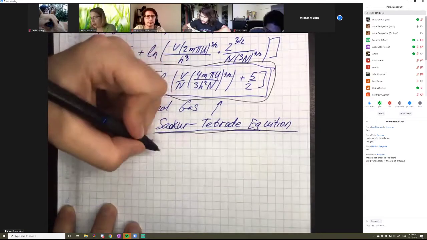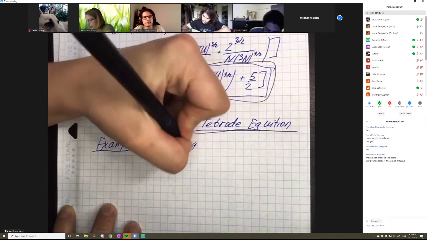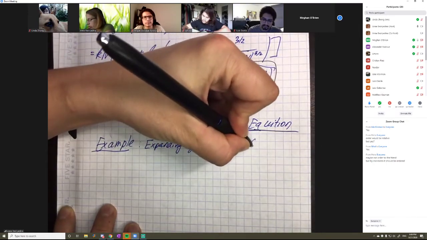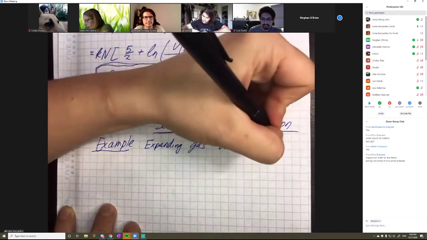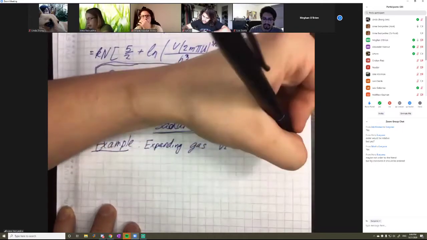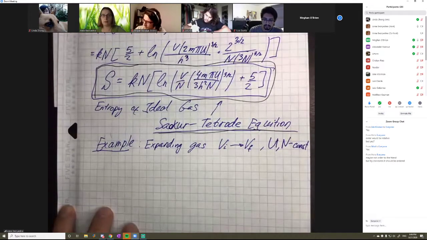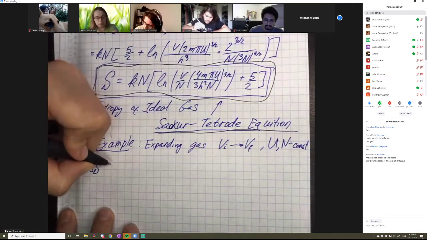So we have expanding gas. Its volume changes from the initial to the final, and we keep the same amount of energy, and the number of particles will be constant. So now let's look at what happens with our entropy.